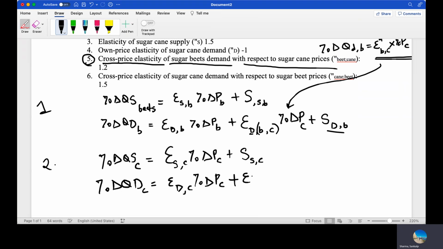So you're going to have the elasticity of demand, and this is this one right here. What happens to the demand for cane as the price of beets changes?